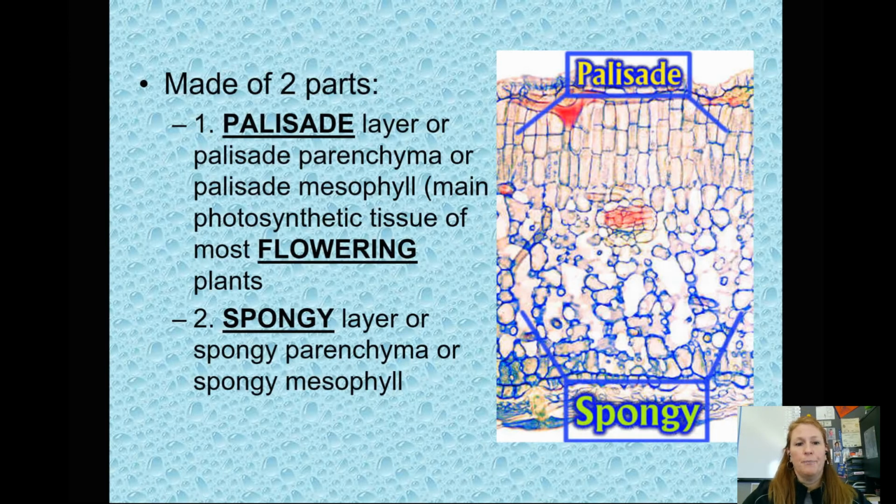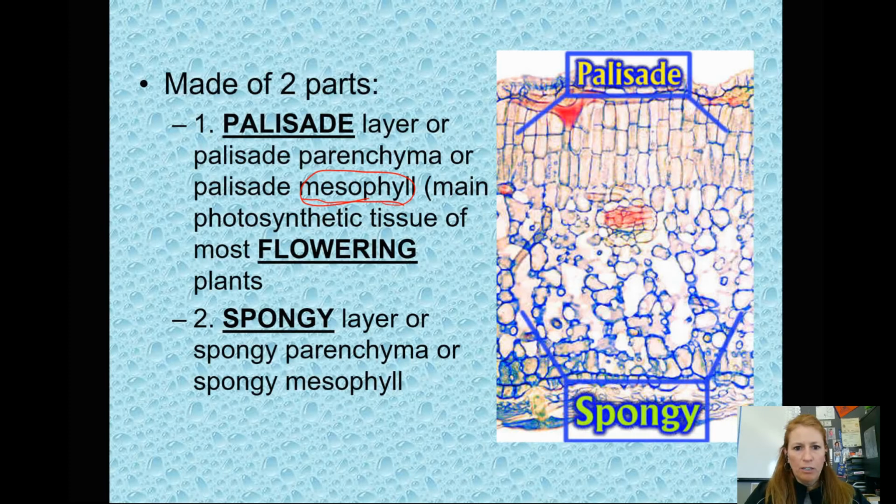Now you've probably noticed that for the two parts of the mesophyll, there are actually three different terms. There's a two-part term. We have palisade layer, we have, of course, since I've been using it, palisade mesophyll, and this other one is called palisade parenchyma. For this class, I would probably use the word mesophyll.